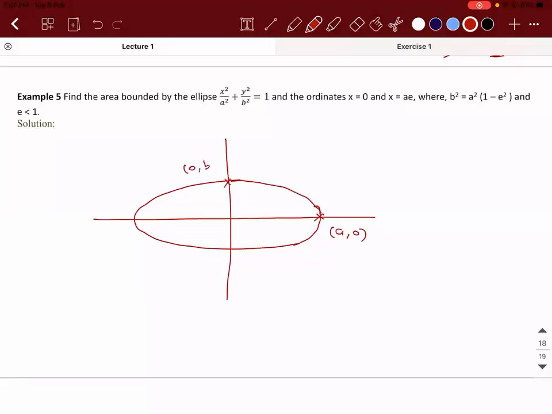This point is 0 comma b. So find the area bounded by the whole ellipse and the ordinates x is equal to 0 and x is equal to ae, where ae is the focus distance. Okay. So they want this area. So how to find?